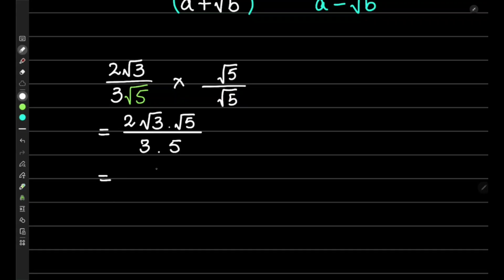Then further solving it, it will become 2 root 3 times 5. We'll make it one complete surd, divide by 15, and that will give you 2 root 15 over 15. So we get rid of the surd in the denominator. That is rationalizing.